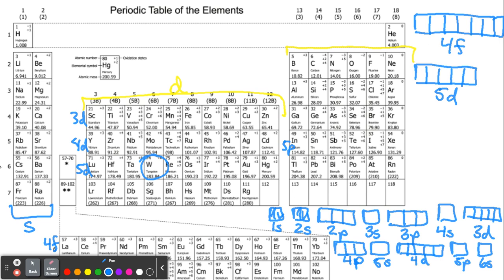So when I'm filling these last orbitals, 6s, completely full. 4f, also completely full. Then 5d, as I look across, has 1, 2, 3, 4 electrons in it.